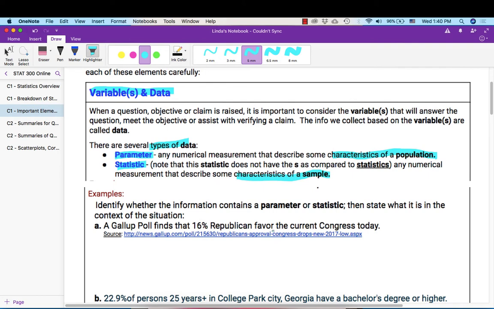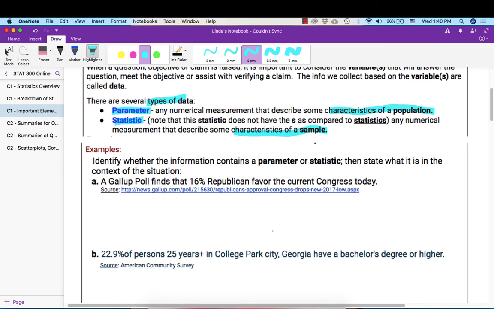Let's do some examples. Please identify whether the information contains a parameter or statistic. Then state what it is in the context of the following situation. A Gallup poll finds that 16% of Republicans favor the current Congress today.